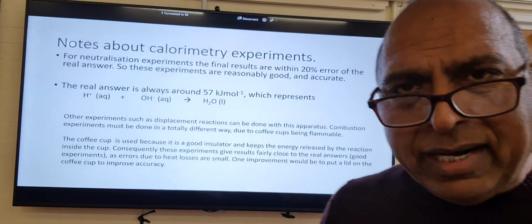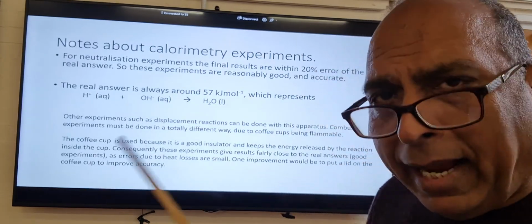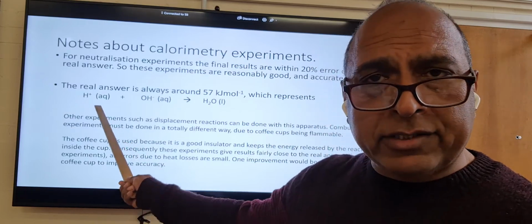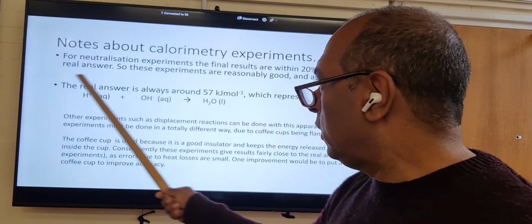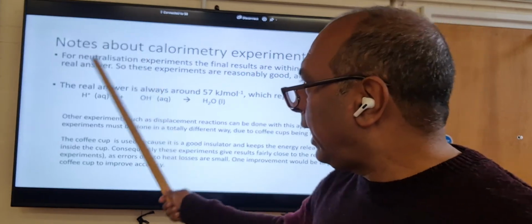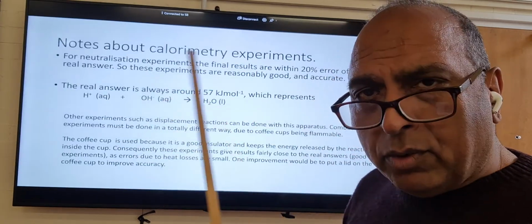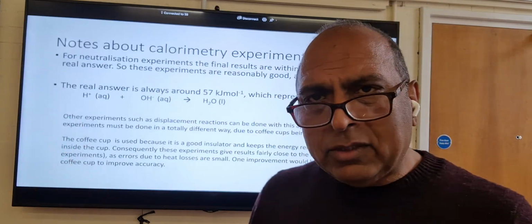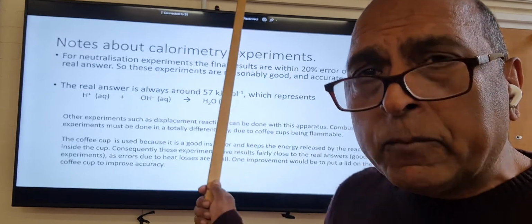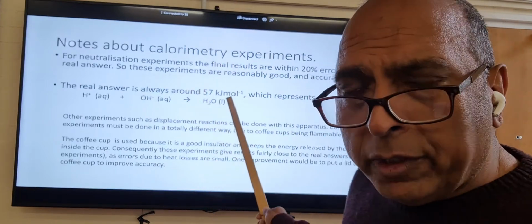And why is the real answer always 57 when an acid reacts with an alkali? Well, the acid provides the hydrogen ions. The alkali provides the hydroxide ions. Acid, alkali make water. It doesn't matter what your acid is and what your alkali is. The acid-alkali ionic equation will always be that.